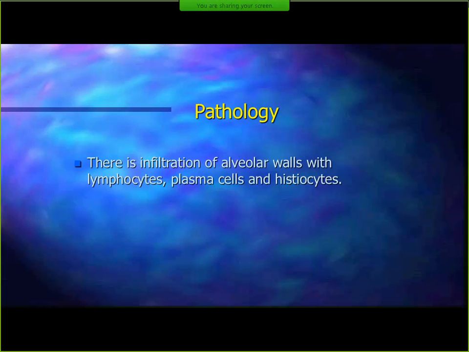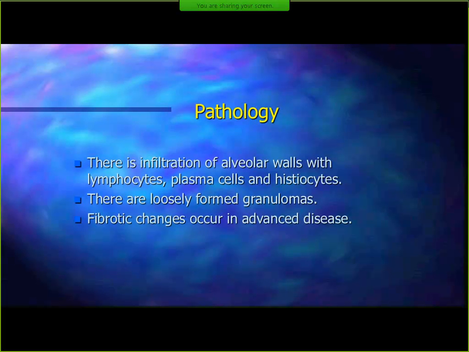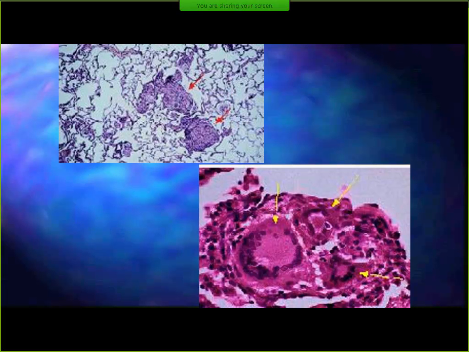So the pathology involves infiltration of the alveolar walls with lymphocytes, plasma cells, and histiocytes, another word for macrophages. So you have granulomas, loosely formed granulomas. And fibrotic changes occur in advanced disease, and in this stage it may look like idiopathic pulmonary fibrosis. When it's very advanced, you might not be able to distinguish it. So the giant cells and the granulomas.